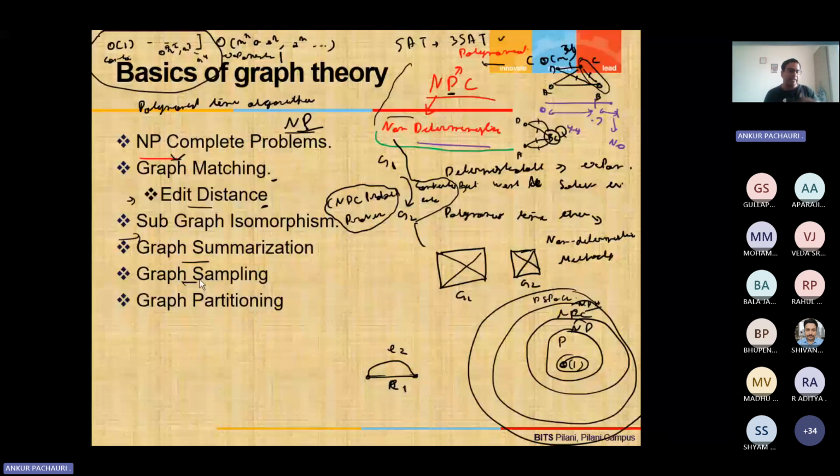Usually, if that partition is clustering, then it is based on the connectivity. The connectivity within the partition has to be dense, and across the partitions can be sparse. If it is based on the attributes, then all the nodes that belong to the same set should satisfy some property. So that we call community detection.